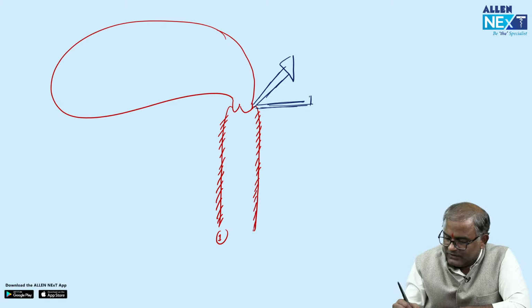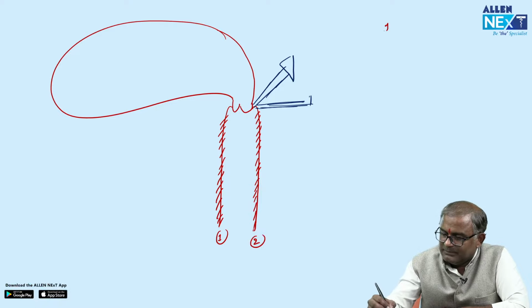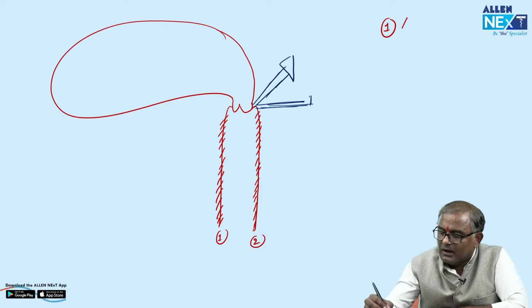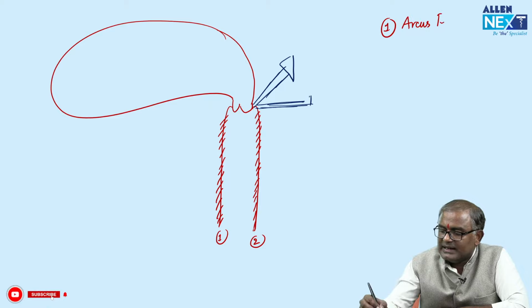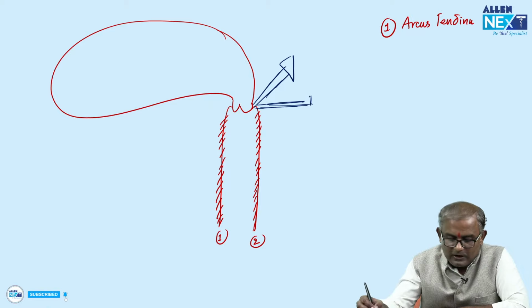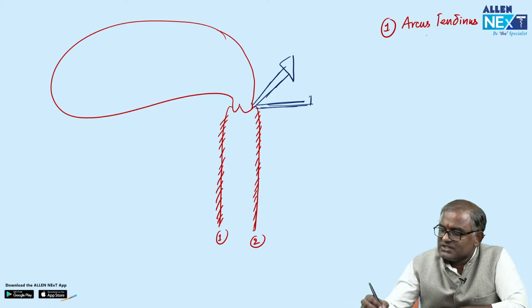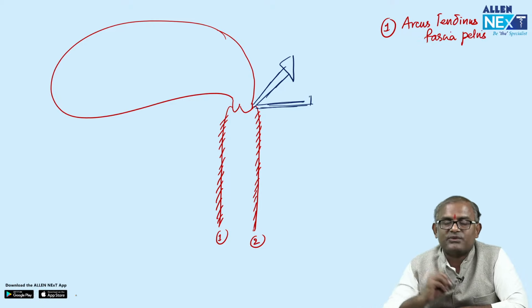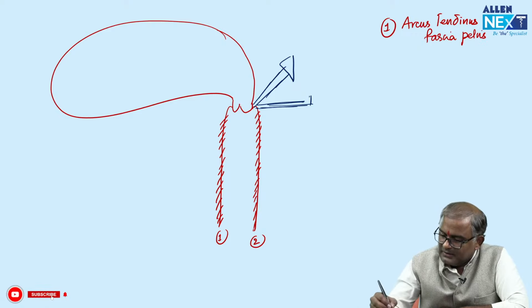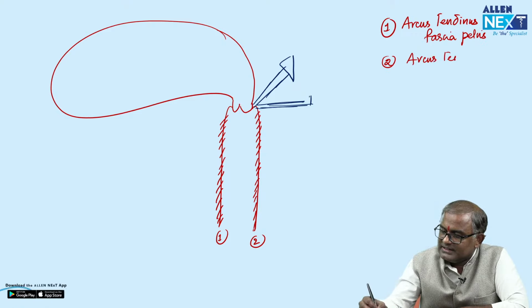Anterior vaginal wall fascia, I will write here, is nothing but arcus tendineus fascia pelvis, and posterior vaginal wall fascia is nothing but arcus tendineus rectovaginalis.